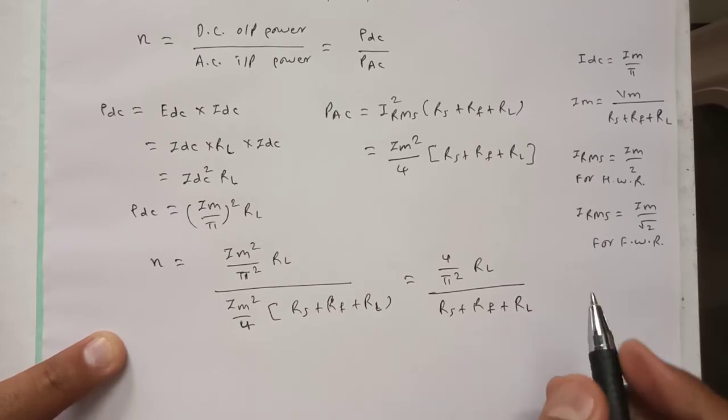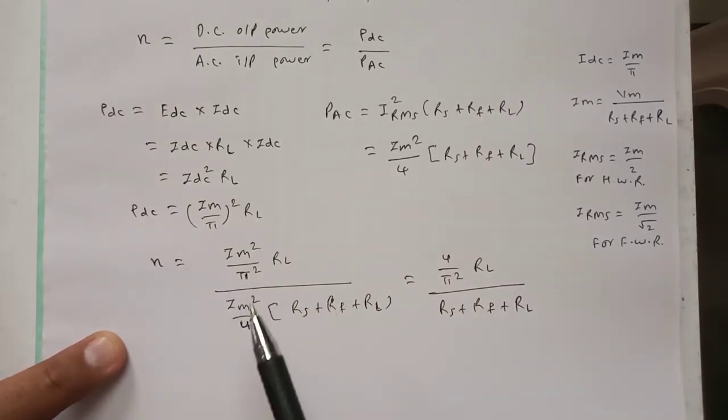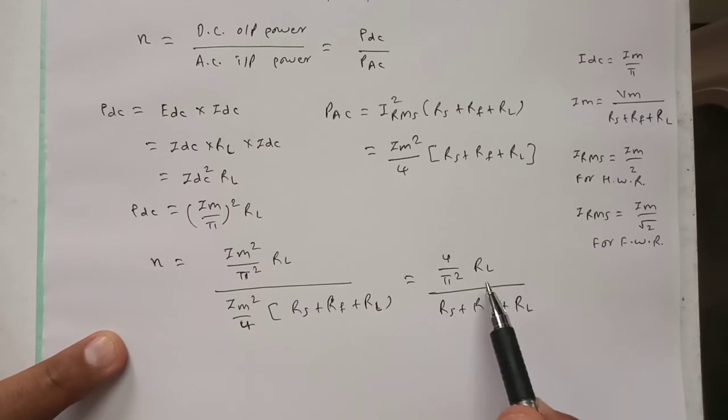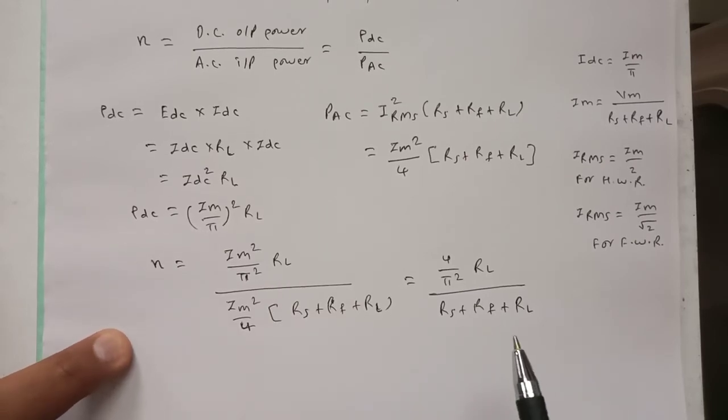I hope you can understand that I have solved this directly. This Im and Im get cancelled, and this 4 comes on the upper side. After solving, you get the same equation: 4 by pi squared into RL divided by Rs plus Rf plus RL. Now this can be the final equation for the efficiency of the half wave rectifier.